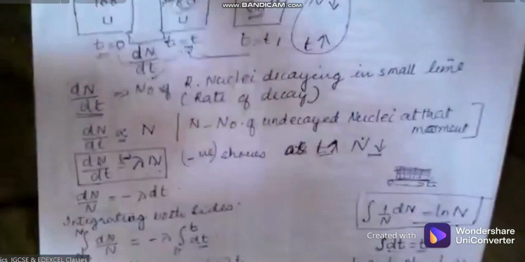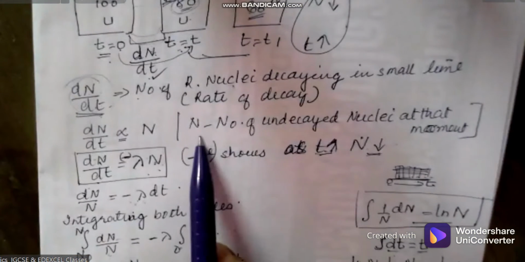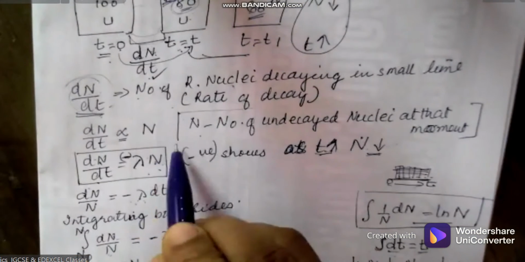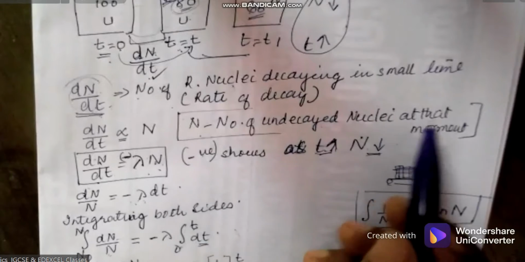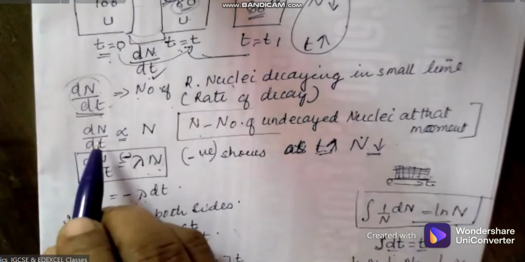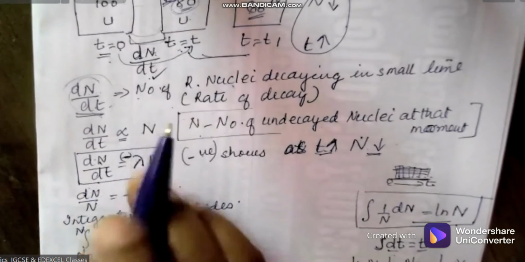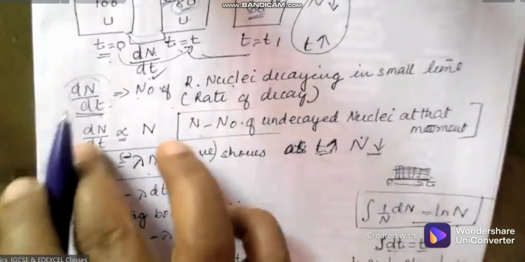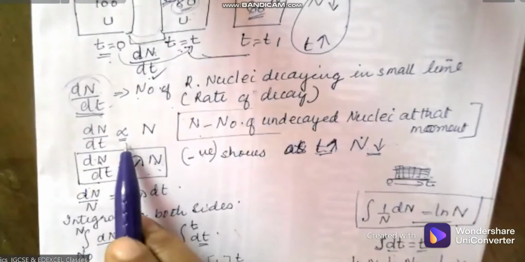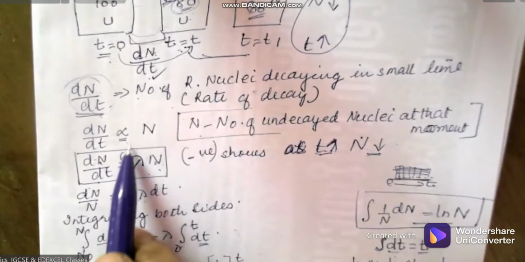So the rate of decay is proportional to the number present at that time. Using this law of decay, we are getting an exponential equation.